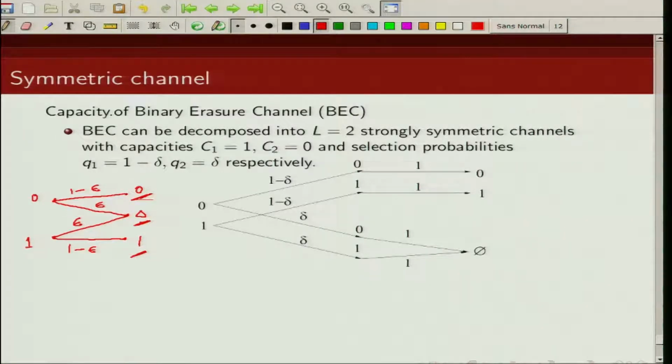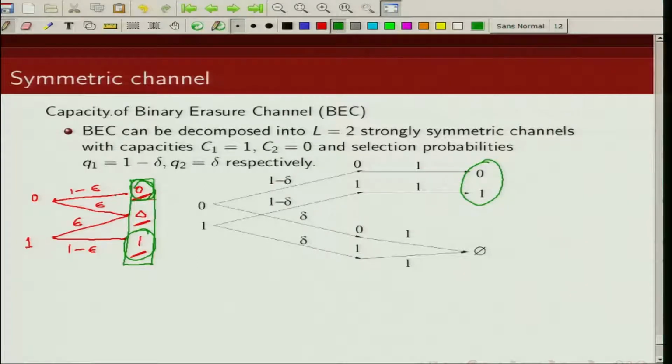So the first thing that we will do is decompose it in such a way that this particular output symbol and this particular output symbol belong to the same channel, because they have the same focusing.